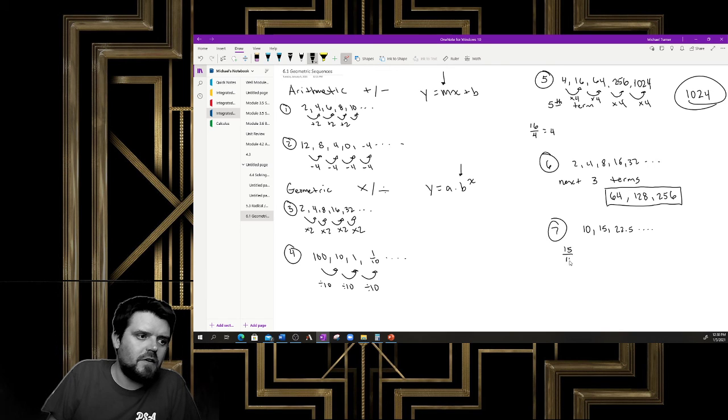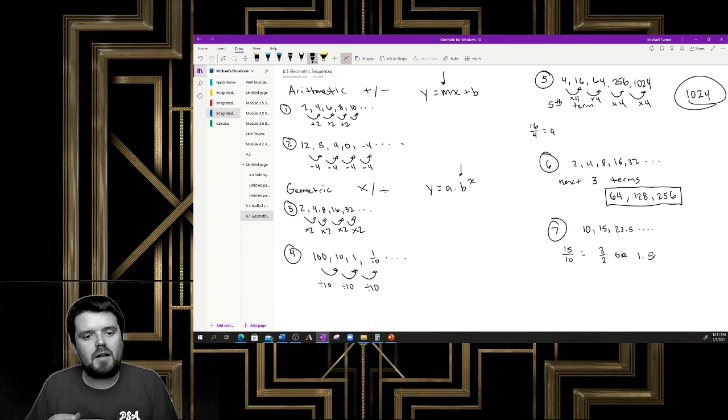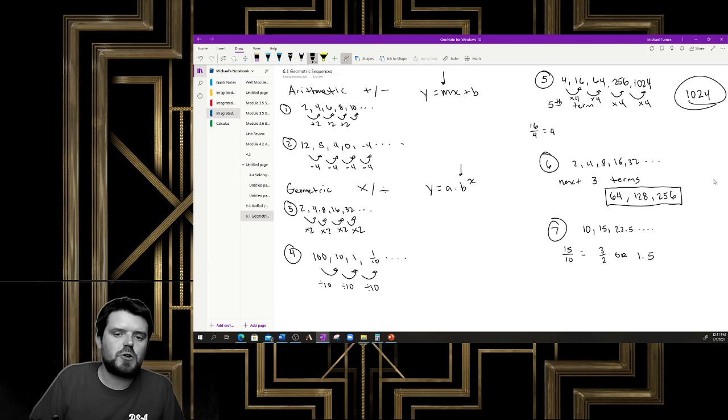So let's say 15 divided by 10, any two sequential numbers. And that gives me either 3/2 if I like working with fractions, or as a decimal, that would be 1.5. And then from there, if I wanted the next term in the sequence or the next 3 terms in the sequence, I would just take that 1.5 and continue to multiply.